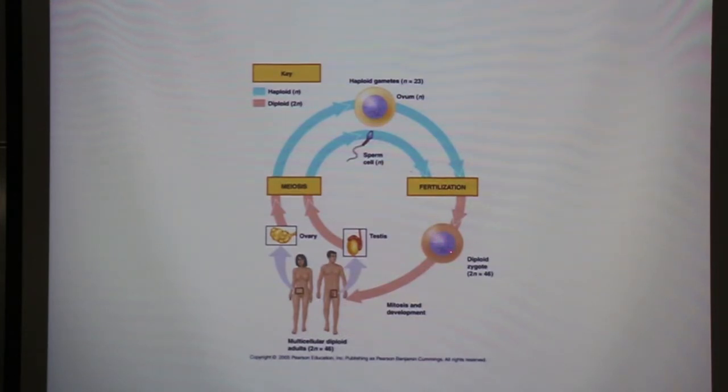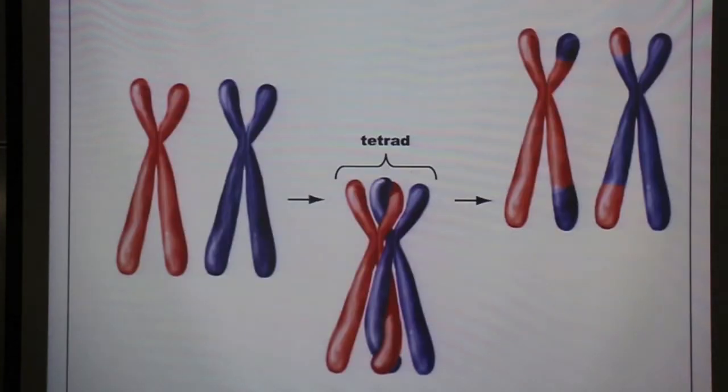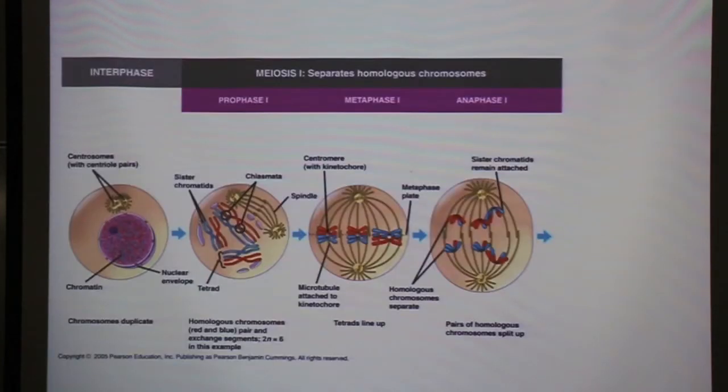This zygote then goes through mitosis, where you take a diploid cell, copy everything in it, and end up with 2 cells, then 4, then 8. By going through mitosis over and over again, you end up with you as the individual after many replications.